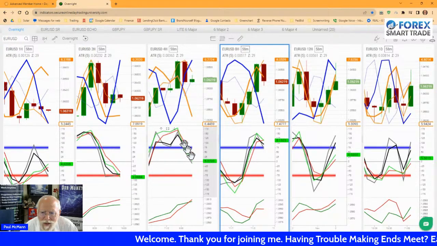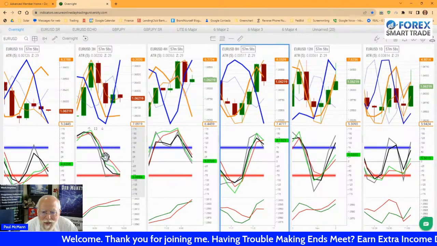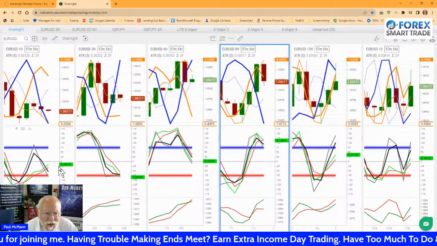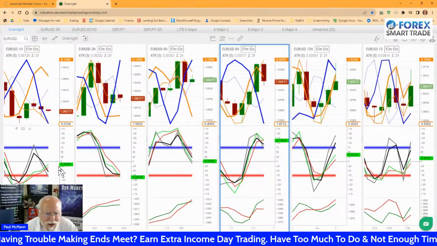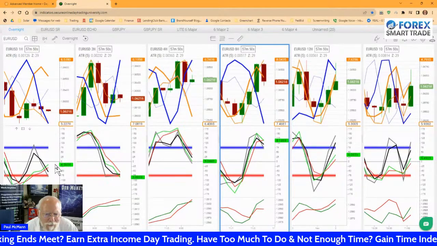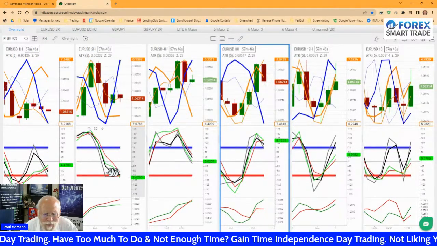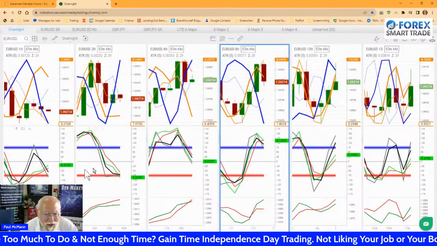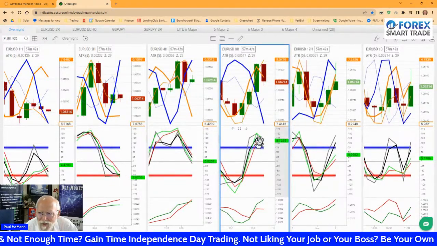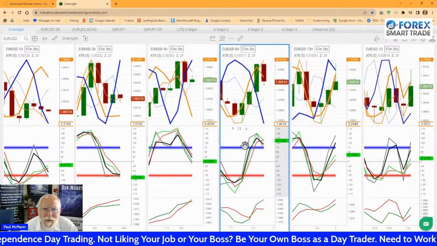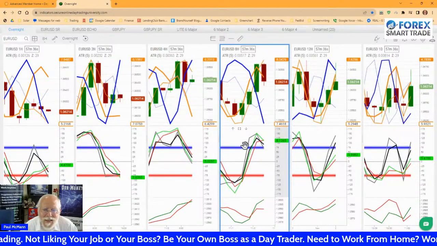And right now we've got down on the 4-hour, down on the 2-hour, the 1-hour is coming up. And we've got a little bit of a duck bill here and a little bit of a duck bill here. So we don't have clarity. But this guy here, I'm going to hold off on taking the buy on the Euro USD tonight.